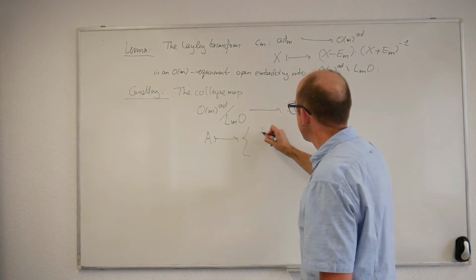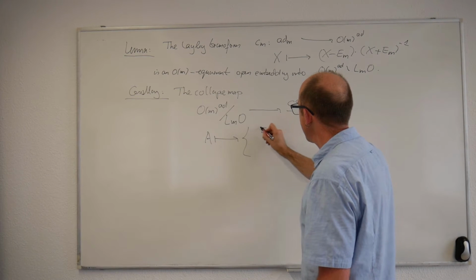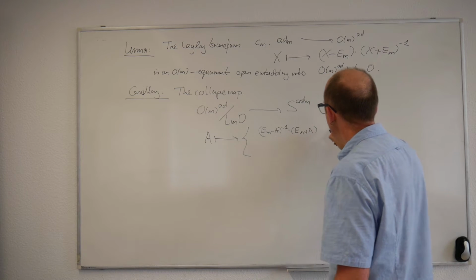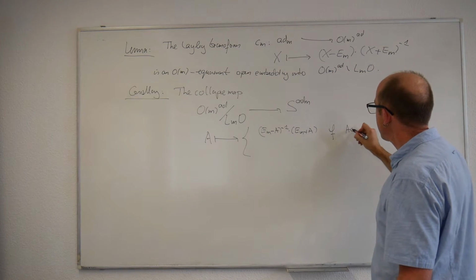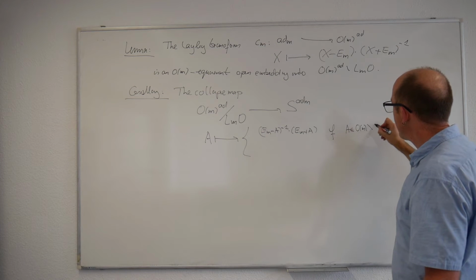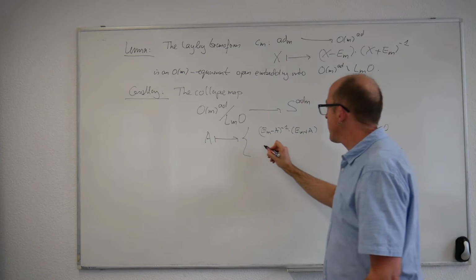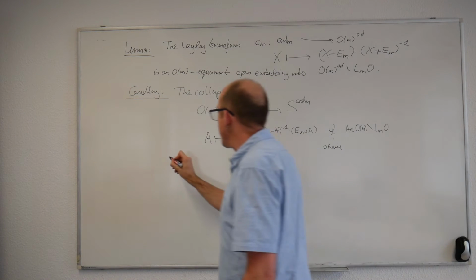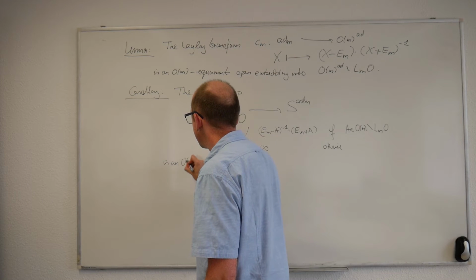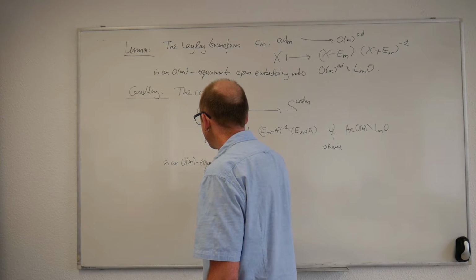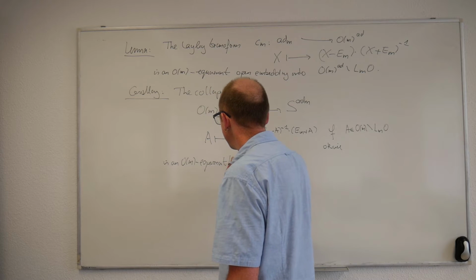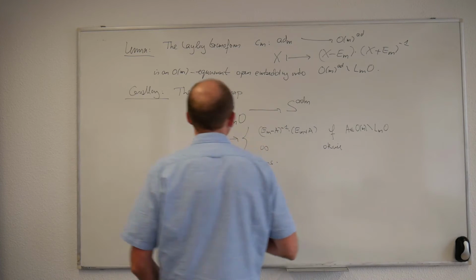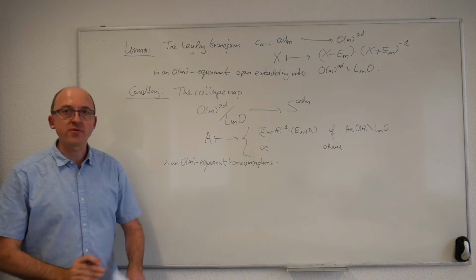So it sends it to (E_m minus A) inverse times (E_m plus A), if A is in O(m) but not in the L(m) space, and to the point at infinity otherwise. This is an O(m)-equivariant homeomorphism, where again the O(m) actions are by conjugation on both sides.